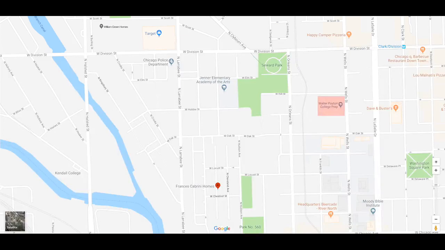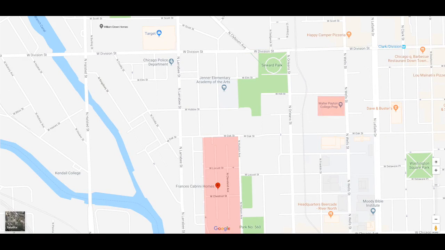the school. What's important about this is less than 3 blocks away were the Cabrini Green housing projects. The Cabrini Green housing projects were home to over 15,000 people of color.